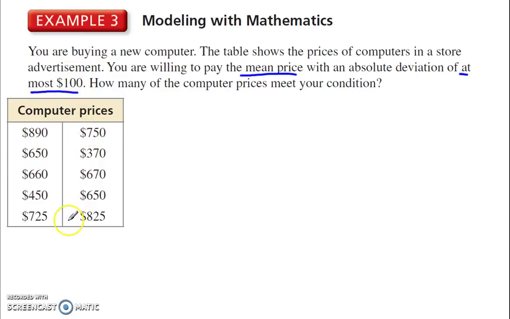So first we find the mean, so we add all these up, tally them all up, and then divide by 10. So add it up, all of these add up to 6,640. Divide that by 10 because there are 10 different prices, and we get 664. Now, question is, which ones are within 100 of this?